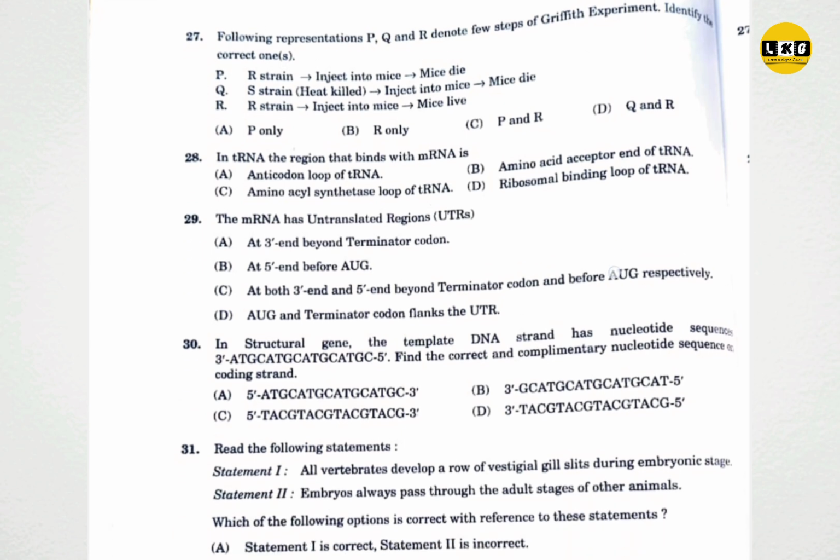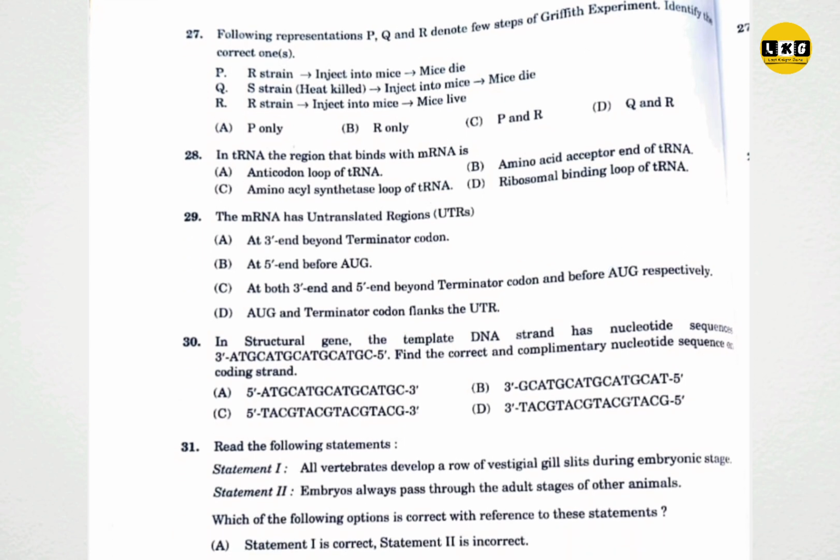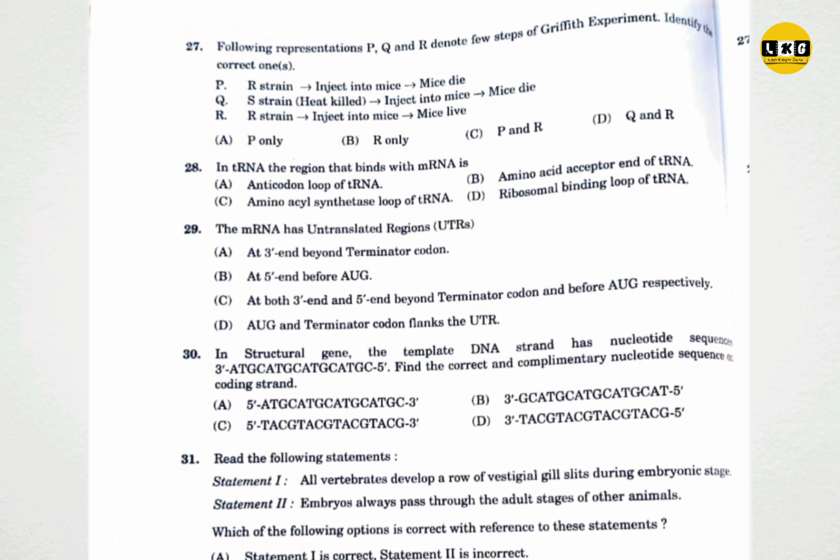Next, 27. Following represent P, Q and R denoting a few steps of Griffith's experiment. So you all have studied Griffith's experiment, no? Identify the correct one. P says R strain injected into mice, mice die. No, mice is alive. So P is wrong.